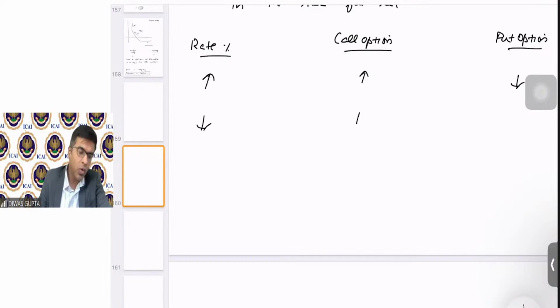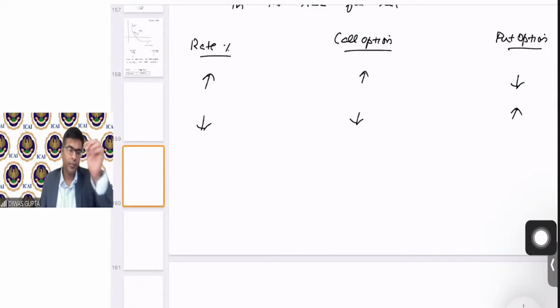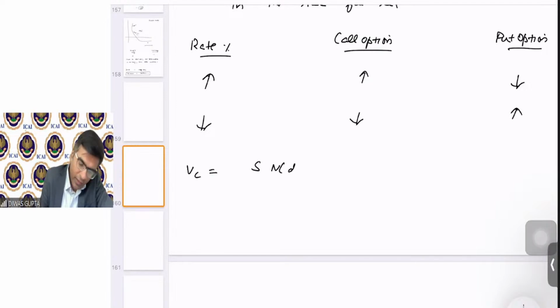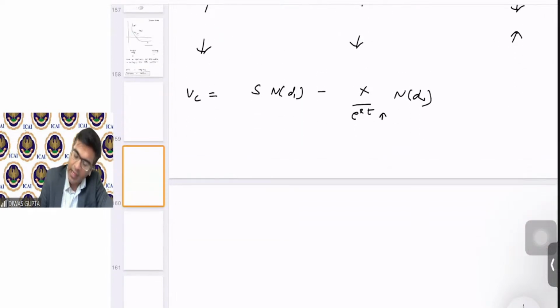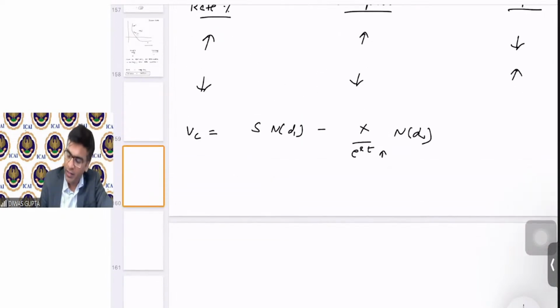But the put option will go up, because the value of call option was S N(D1) minus X raised to the power e^(-RT) N(D2). Correct? So here, higher the rate, higher will be the discounting effect. And if it is higher, then it will make this entire component lower in the equation, and hence the value of call will be higher.